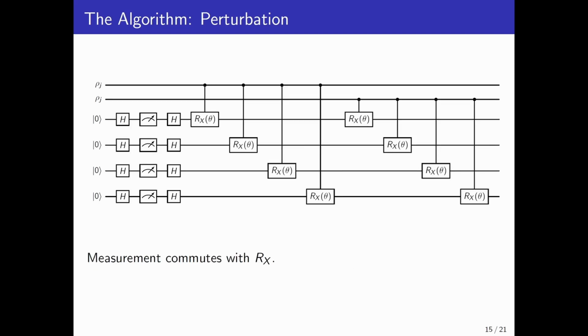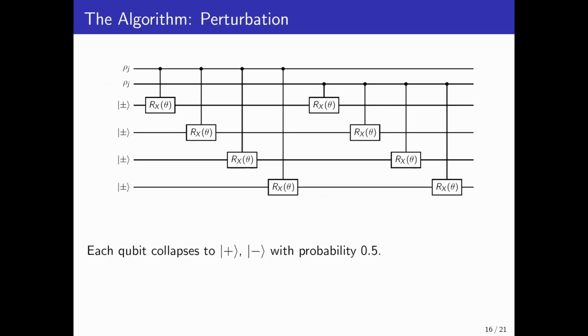Now, if we measure the ancilla qubits at the beginning, we get the states ket plus and ket minus with probability half each. Note that this measurement in itself doesn't perturb the states rho j, and thus we can further instead pretend that we started out with each ancilla in state either ket plus or ket minus with uniform independent probability. Once we do this, notice that none of the pi controlled rotations have any effect on the ancilla qubits, as all the states are eigenvectors of these pi controlled rotations.